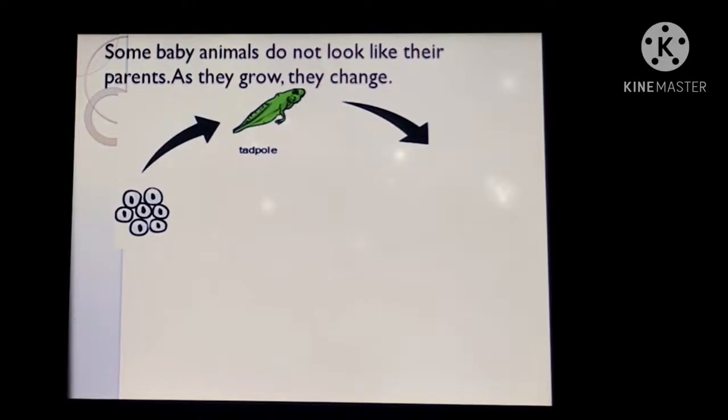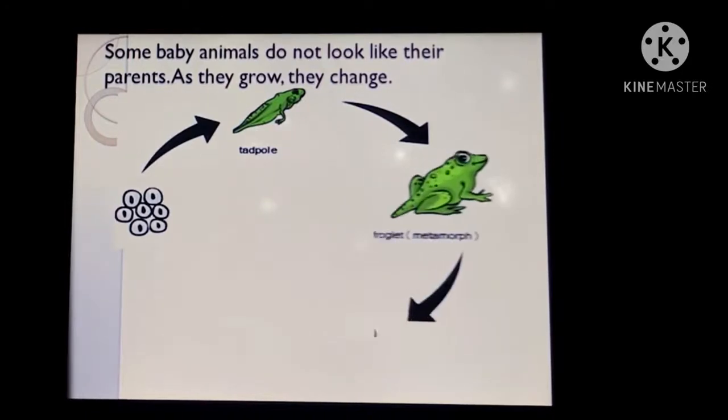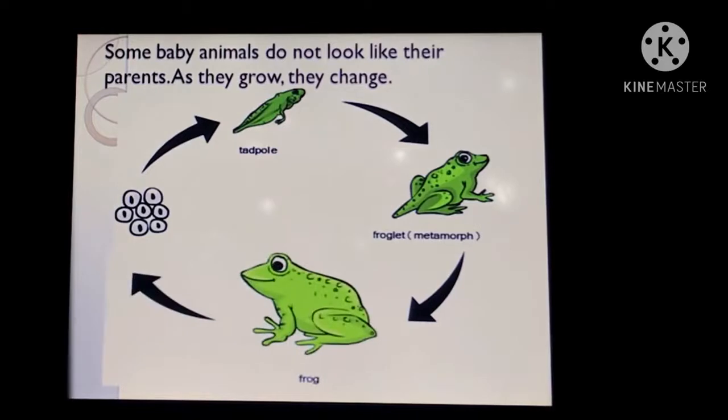After the tadpole, it will be a froglet. And after the froglet, it becomes a frog. So we have here the circle. After the frog, then it lays eggs again. It becomes tadpole, froglet, and then frog. So this is the cycle of the frog.